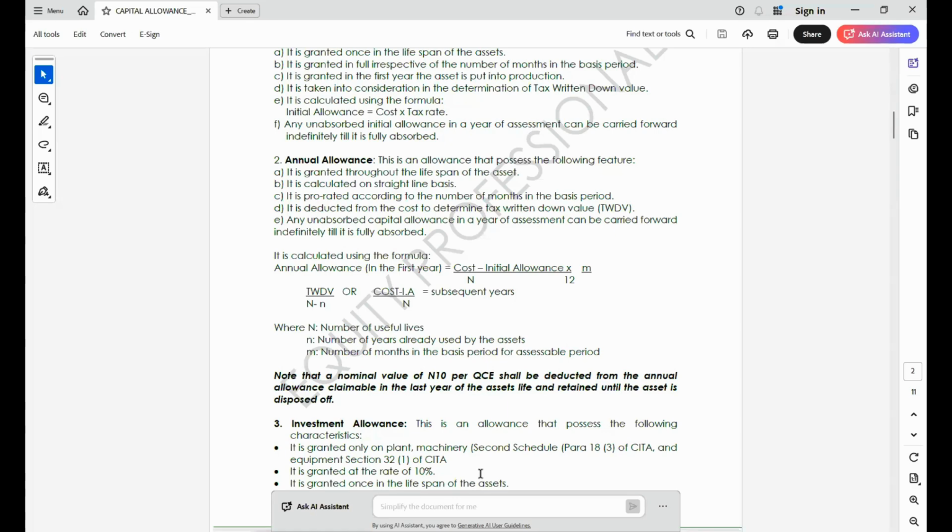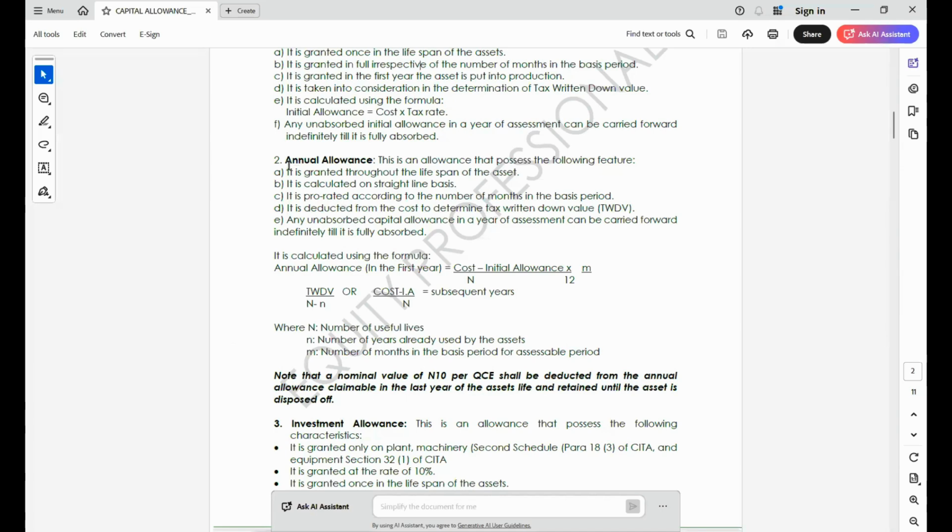So that 10 naira is just to show that the asset is having a value. So that value will be compared, because by the time they want to dispose of the asset, they want to get rid of it, they dispose of it at a certain amount. So that amount that you are going to dispose it at is going to be compared with this nominal value, to know whether there is going to be a gain or a loss.